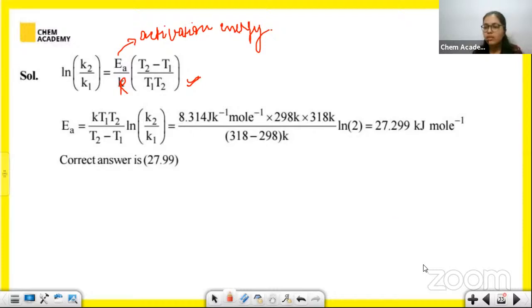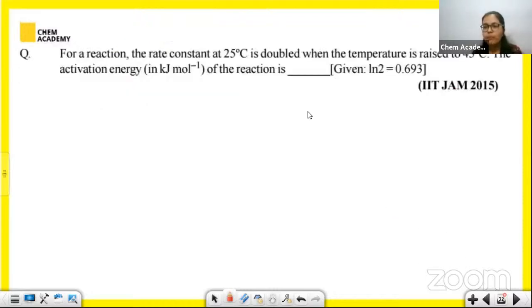Now, the initial temperature that we were given, T1, was 25 degrees Celsius plus 273. We will only use the value of temperature in Kelvin. It will become 298 Kelvin.